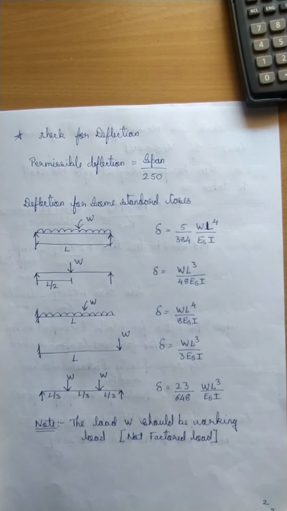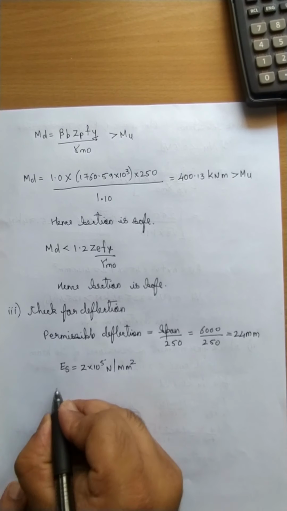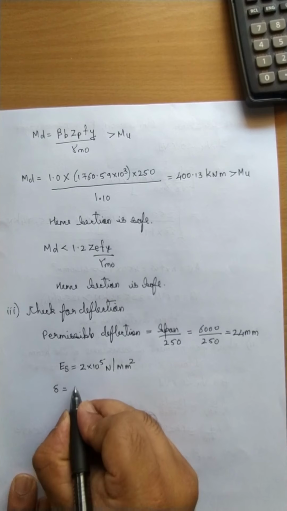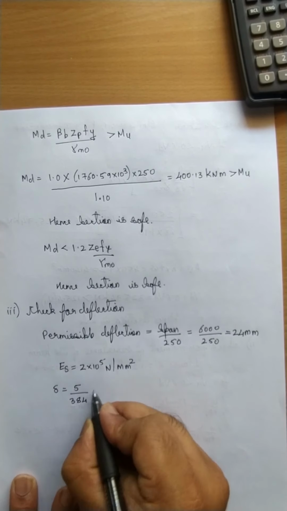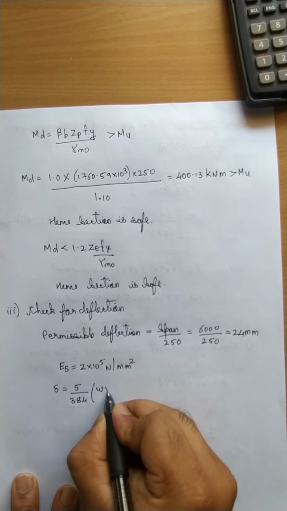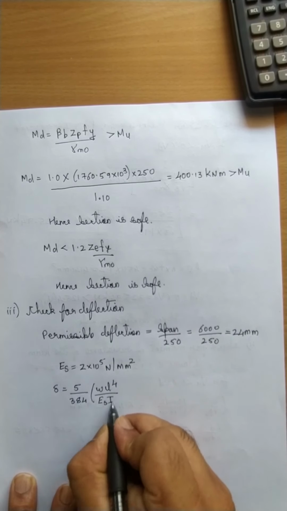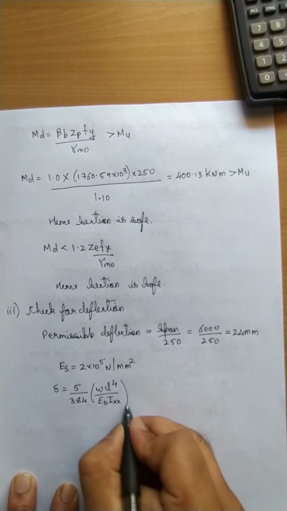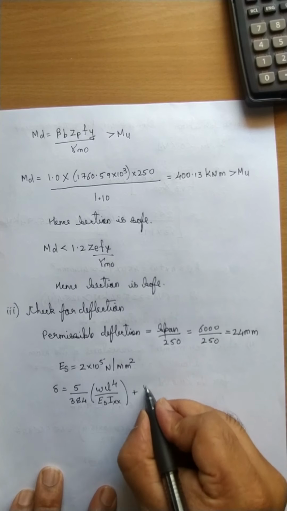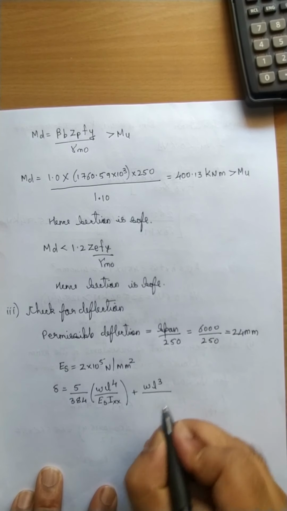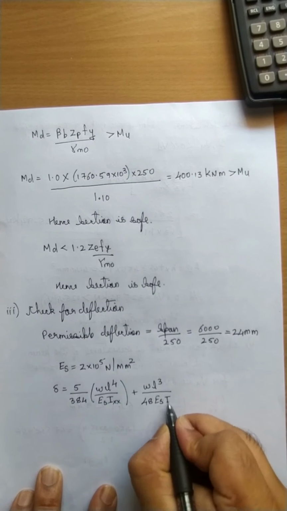Let us compute. Delta will be equal to, first I will write for UDL, 5 WL raised to 4 divided by 384 ES into IXX, which is nothing but IZZ, plus this is for the point load, W L cube divided by 48 ES IXX.